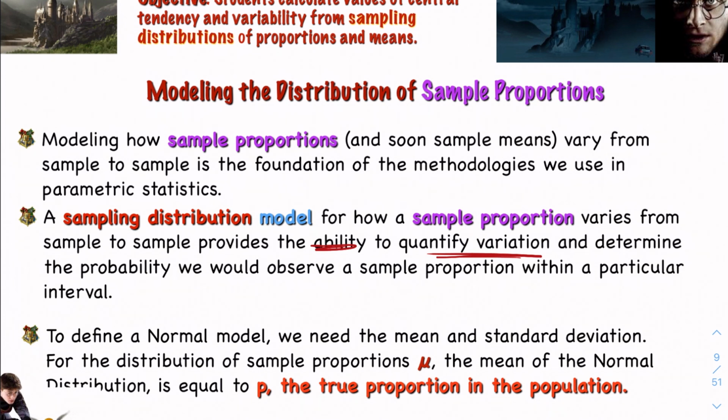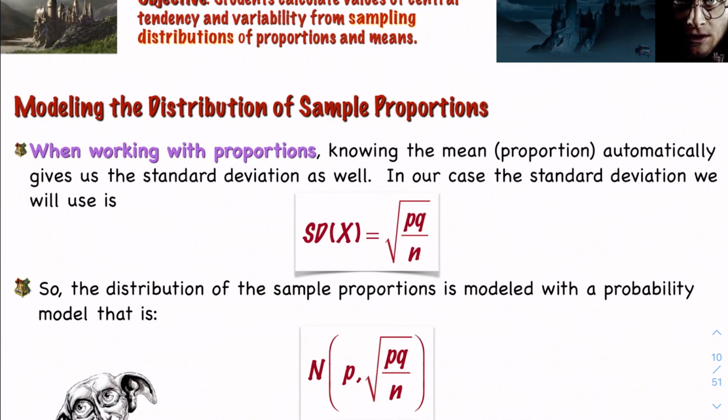So to define a normal model, we need the mean and standard deviation, like normal. For the distribution of the sample proportion, mu, or the mean of the normal distribution, we say is equal to P, the true proportion in the population. Again, this is for categorical data, or our Bernoulli trials that we were conducting. So when working with proportions, knowing the mean, or the proportion, automatically gives us the standard deviation as well.